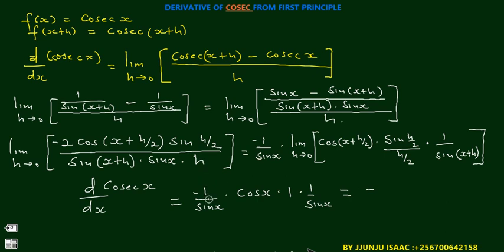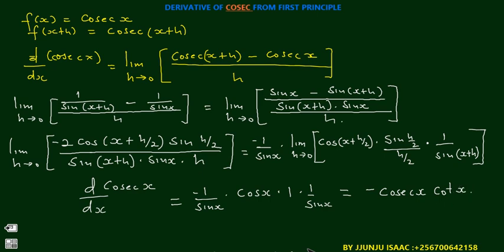So we take 1 over sine is cosec x, then cos over sine is cot x.